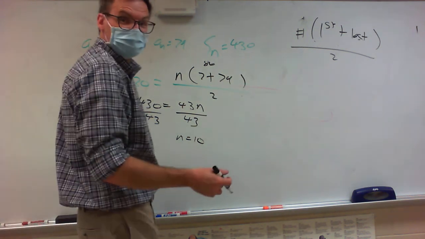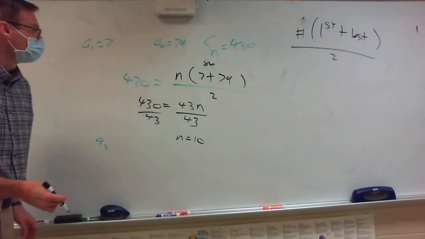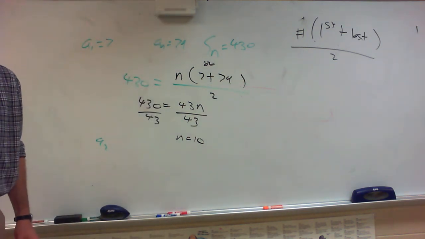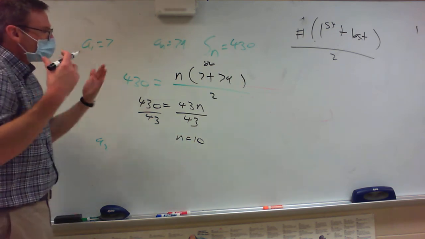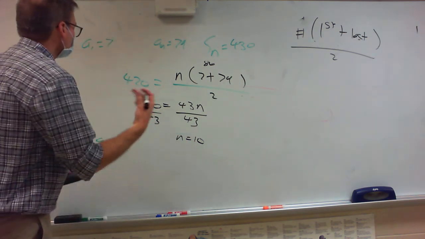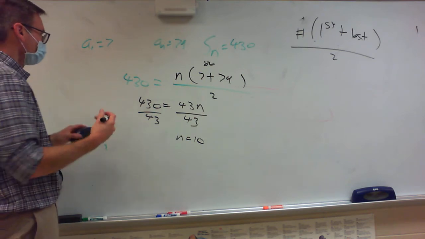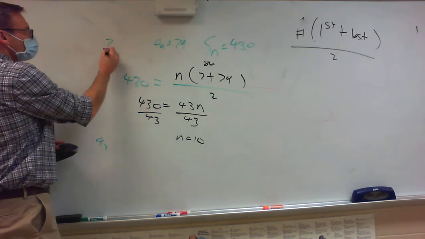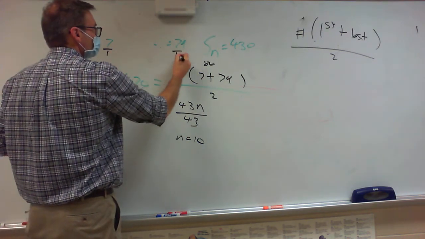Well, because you can plug in 10 for n in the explicit formula. In my mind, I think of that 7 as the first position, and now I know that's the 10th position.